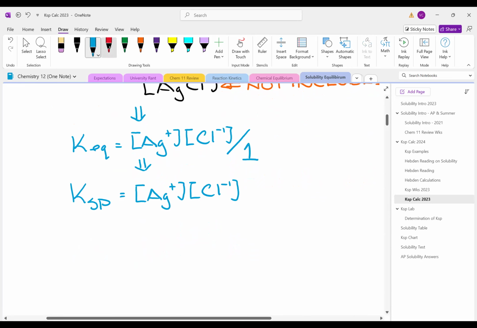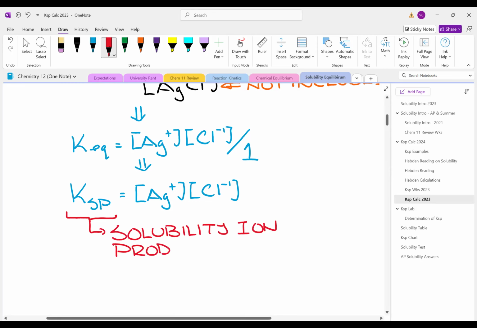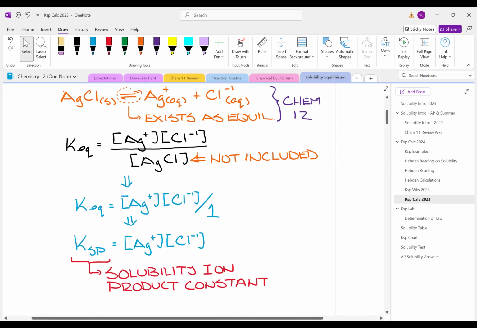This KSP is called the solubility ion product constant, or in some books, they just call it the solubility product constant. Basically, the KSP is the ions in a saturated solution multiplied together.